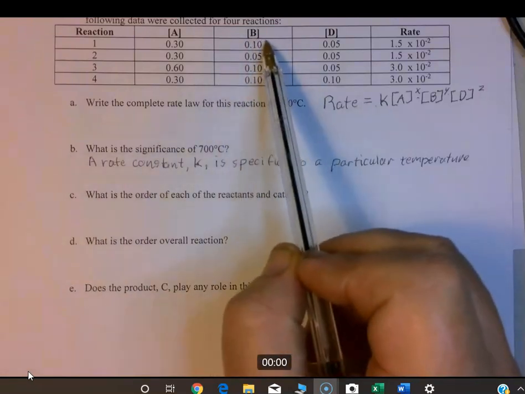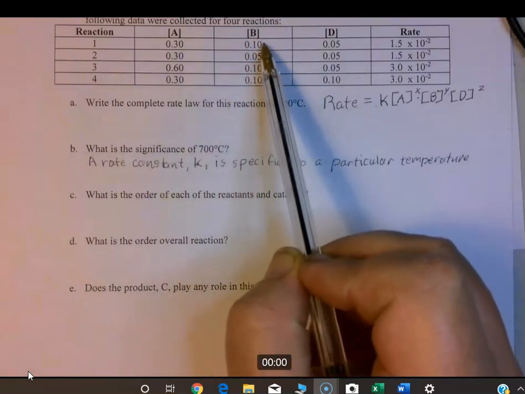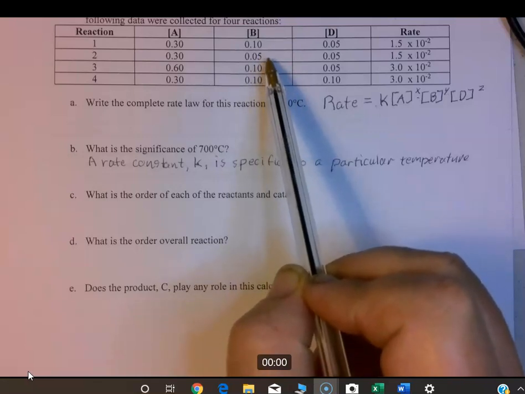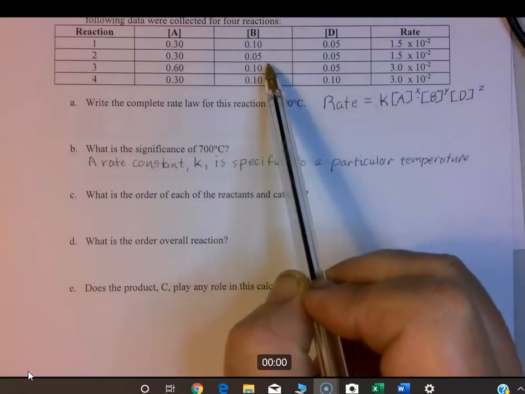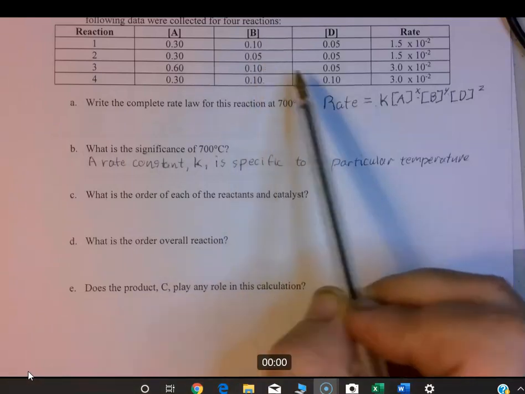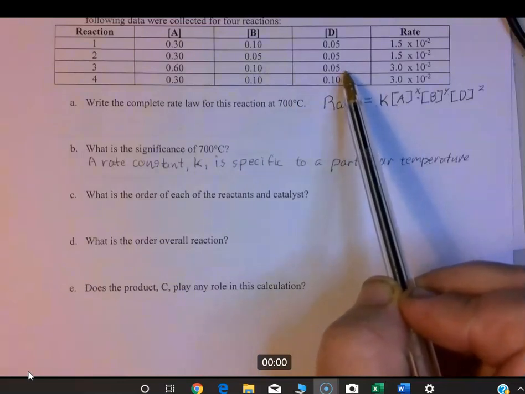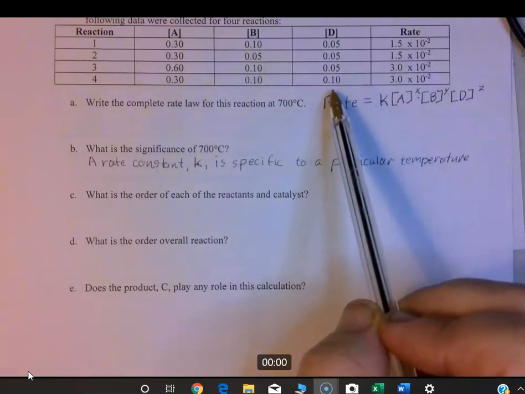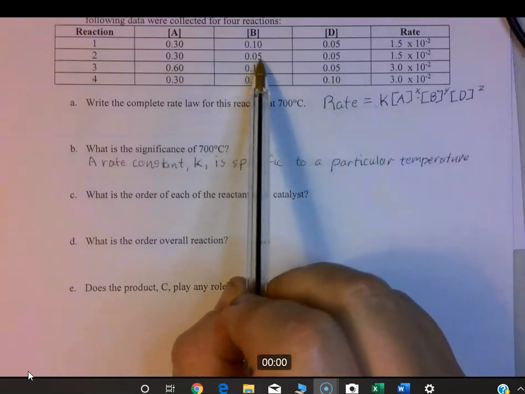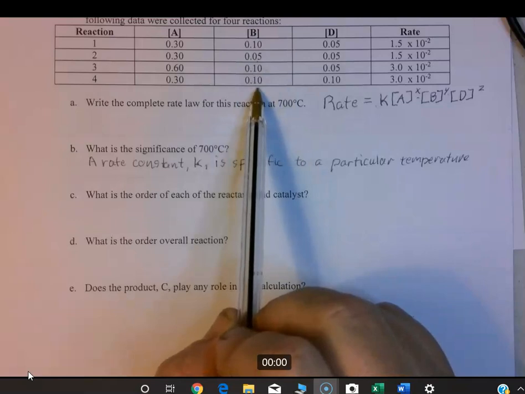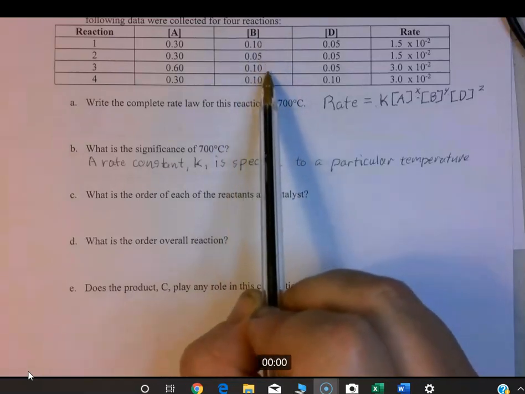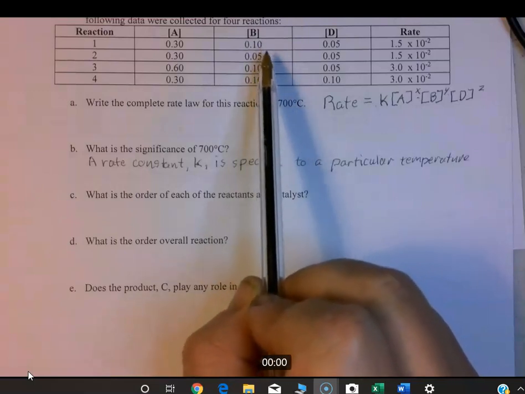If we look at 1 and 2, we see that B doesn't stay constant. If we look at 2 and 3, B doesn't stay constant. If we look at 3 and 4, B stays constant, however, D doesn't stay constant. So we have to look around, and what we'll notice after a second or two is that if we look at equations 1 and 3, B stays constant.